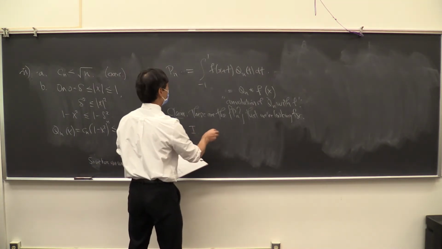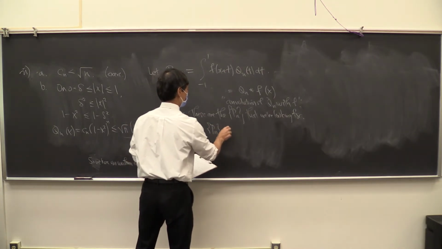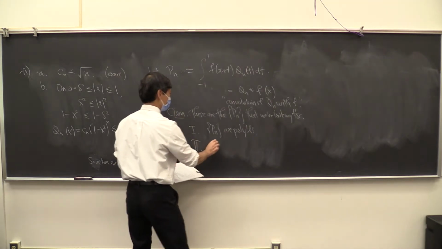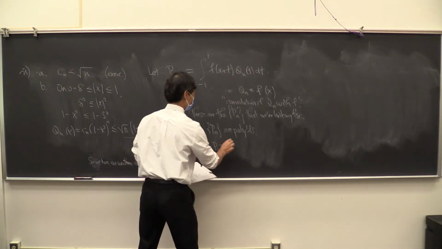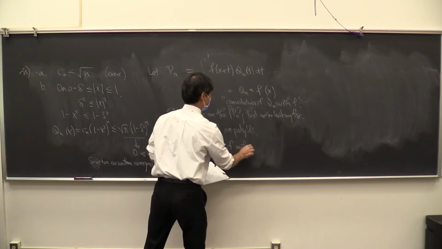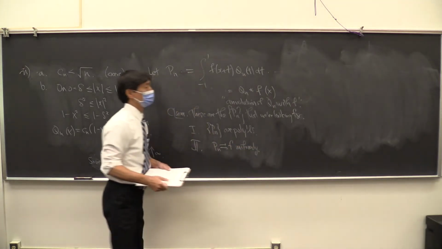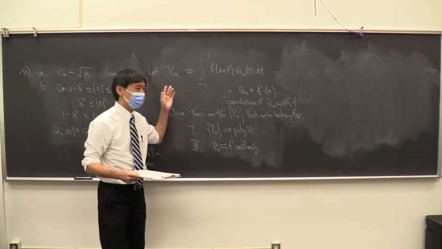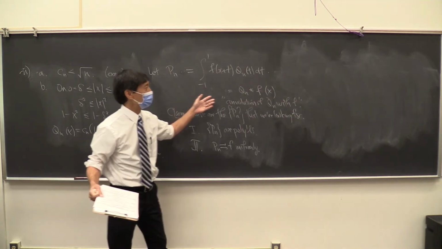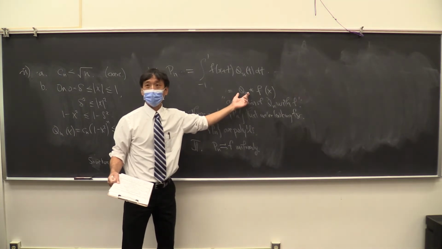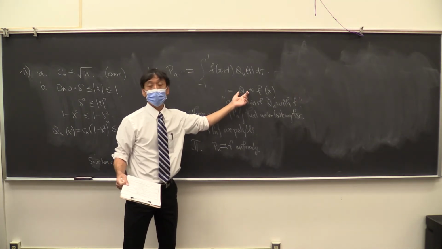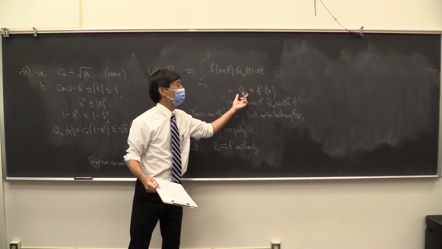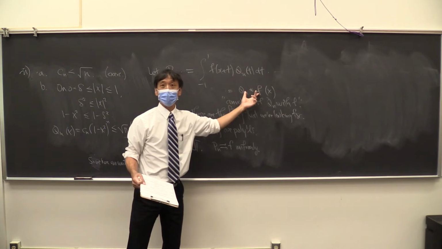The first is that these p sub n actually are polynomials, and the second claim is that the p sub n actually converge to f uniformly. And again, in your mind, you keep this vague notion that these are an approximation of the identity, and so as n goes to infinity, we get something like the Dirac delta function, and the Dirac delta function, when convolved with f, would just return f exactly.